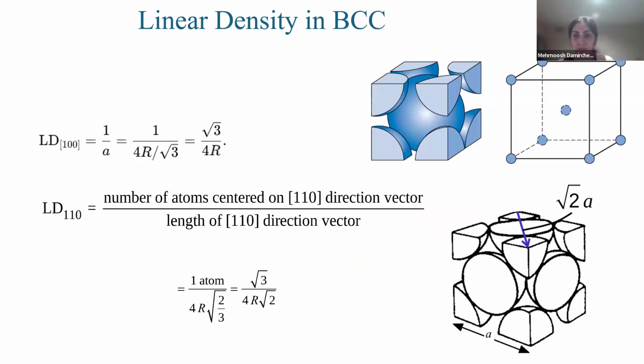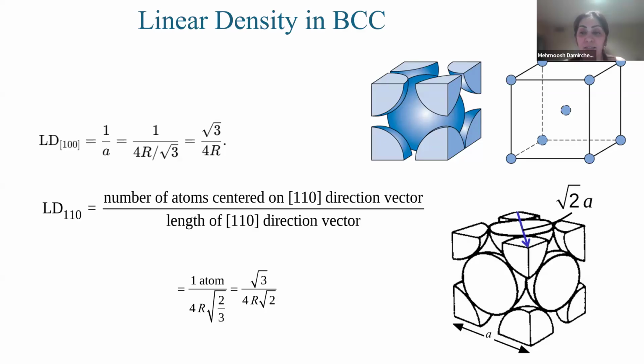Okay, now let's connect these to linear density. What is linear density, abbreviated LD? It is the number of atomic centers lying along the crystallographic direction, divided by the length of the line between equivalent lattice points.